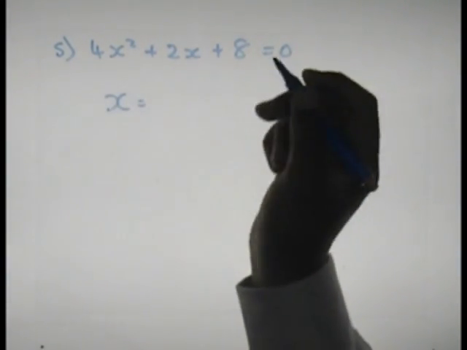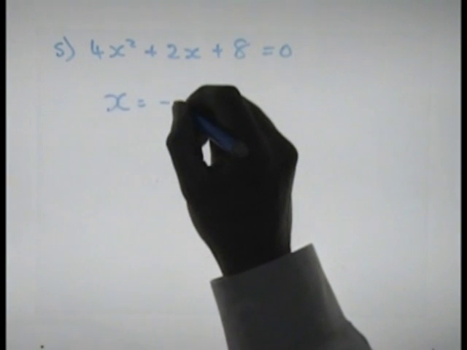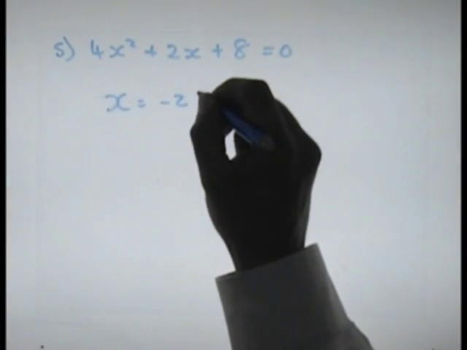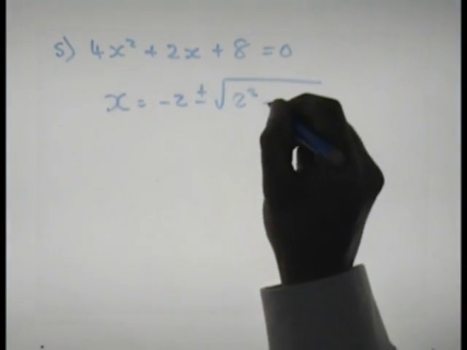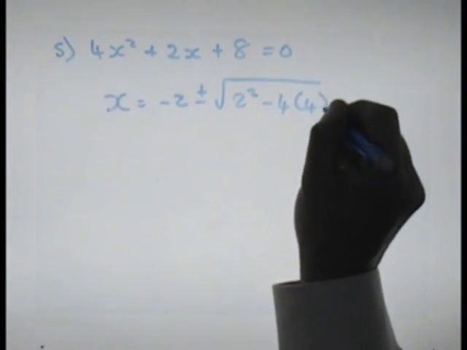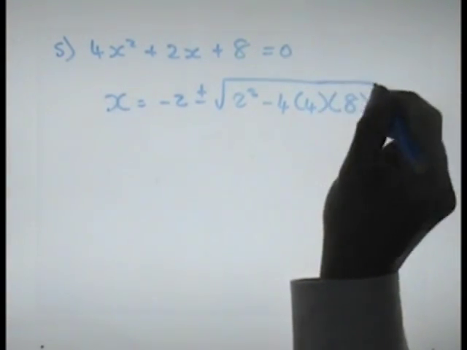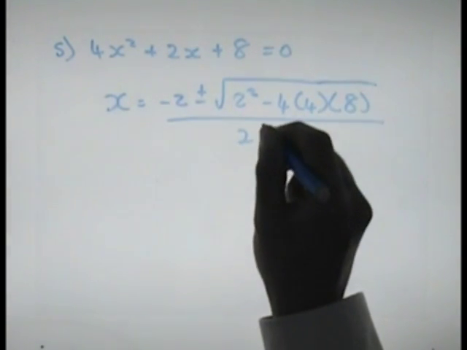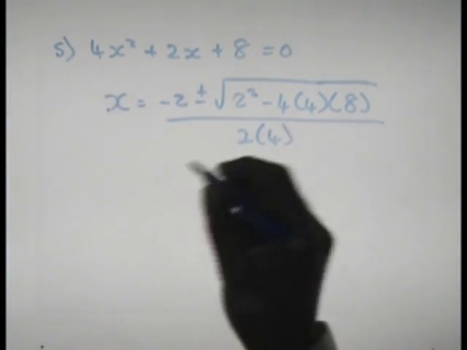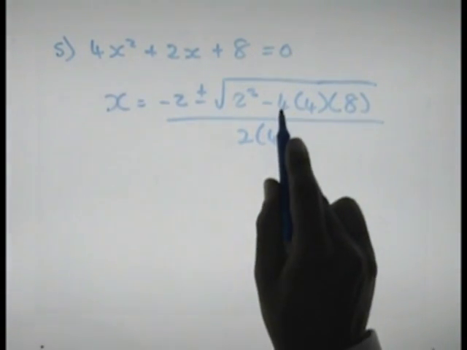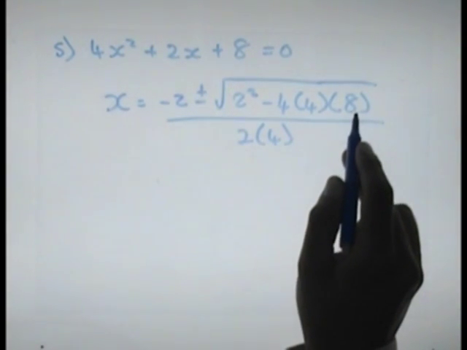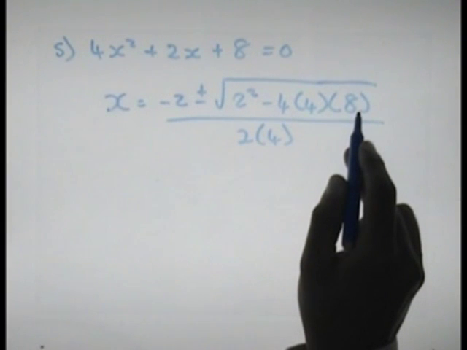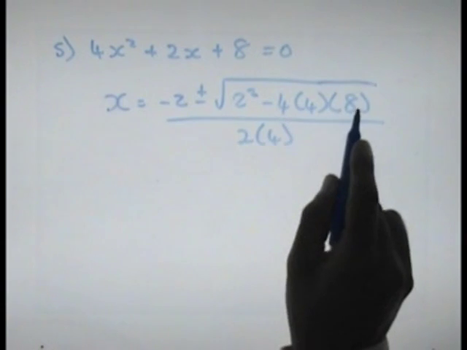Formula: x is equal to minus b plus or minus the square root of b squared minus 4ac, over 2a, or 2 times 4. 4 times 4 is 16, times 8 is going to give me 128, but that's going to be negative.